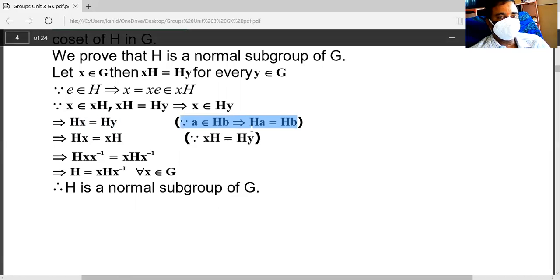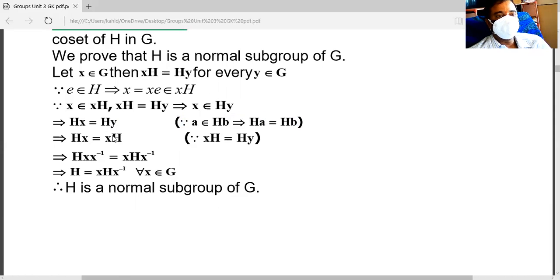I am using this condition only. By using this condition, I am writing this like that. xH is equal to Hx is equal to Hy. What is Hy? We know that Hy means xH. I am writing that xH. I am multiplying x inverse on both sides. Hx x inverse, xH x inverse.